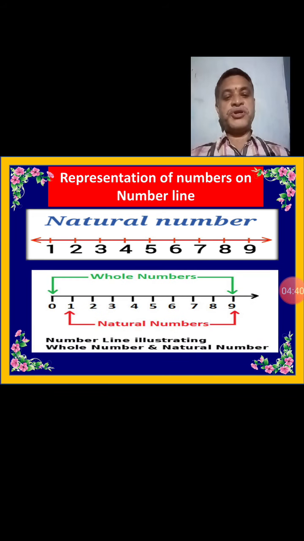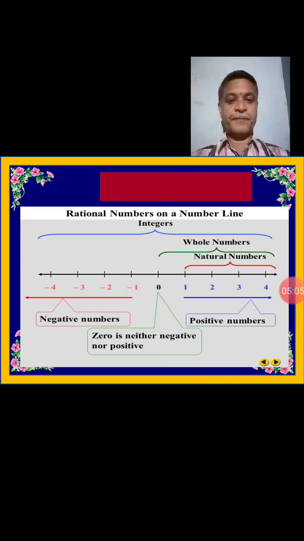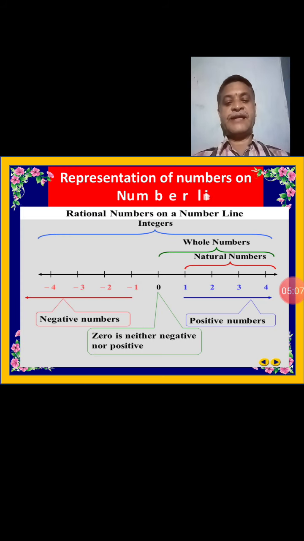And if you put 0 before that, you can call it the whole number line. So the natural number line is a subset of the whole number line. You observe that 1, 2, etc. are called natural numbers and 0, 1, 2, 3, etc. are called whole numbers.